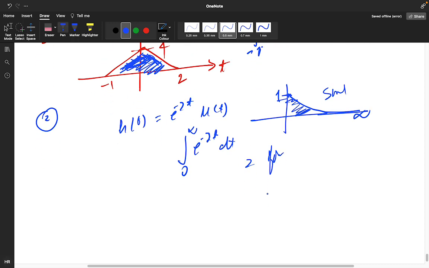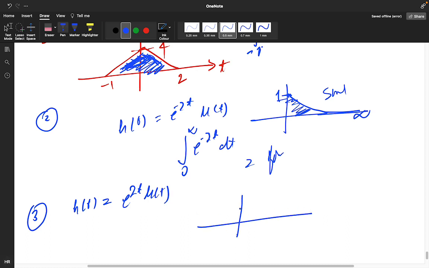And what about this? h of t is equals to e power 2t u of t. E power 2t means at infinite you will get the infinite value. Stable or unstable? Prasanna, it will be stable or unstable? So see, area you can't find.